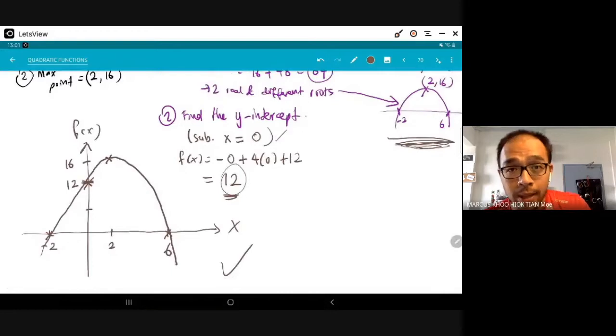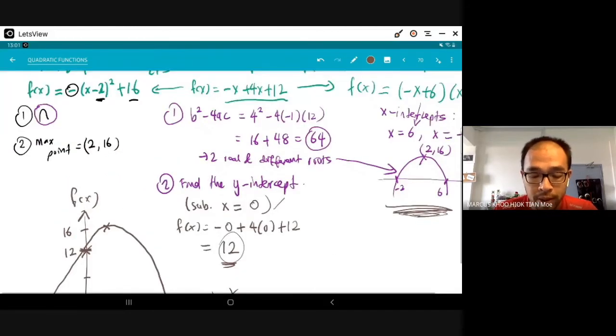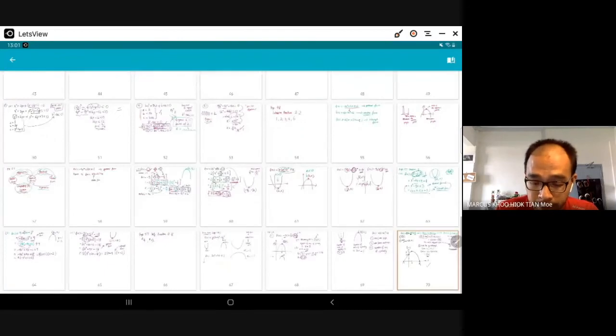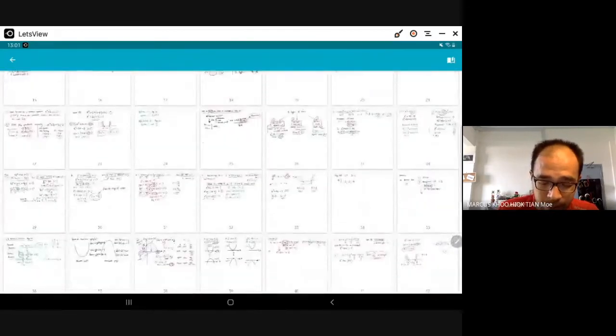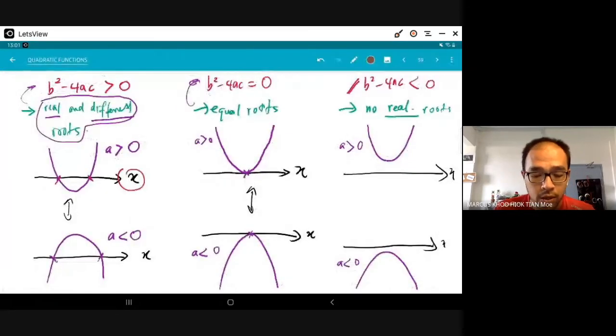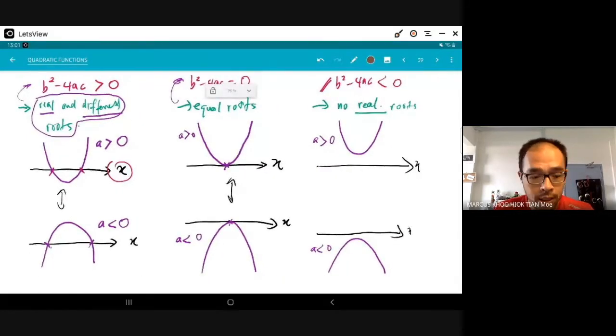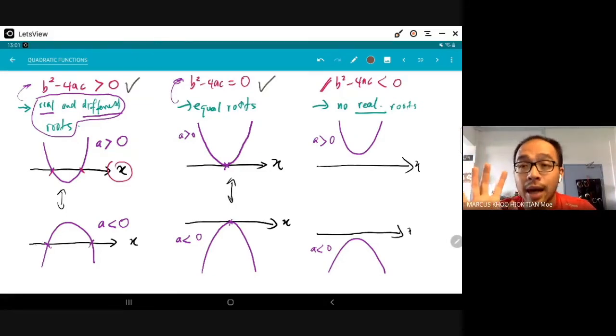Now, sometimes you will not get the values of x. Okay, because it all depends on the value of b squared minus 4ac. Okay, let me show you again. Banyak kali saya kasih video ni. Okay, so if remember this, you can only use the intercept form. Okay, intercept form kamu hanya boleh pakai kalau situasinya adalah ini dan ini sahaja.